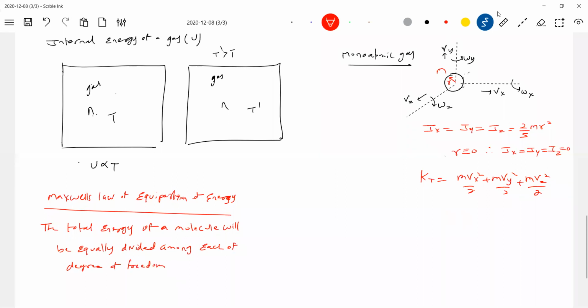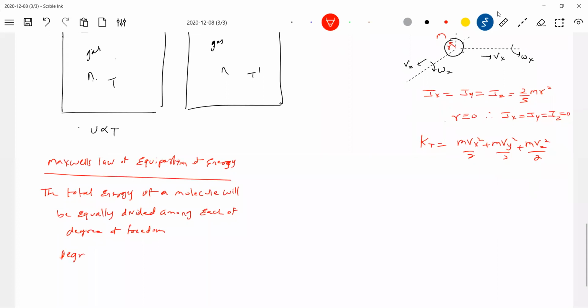Next, what is the definition of degree of freedom? The number of independent ways in which a molecule will possess energy.